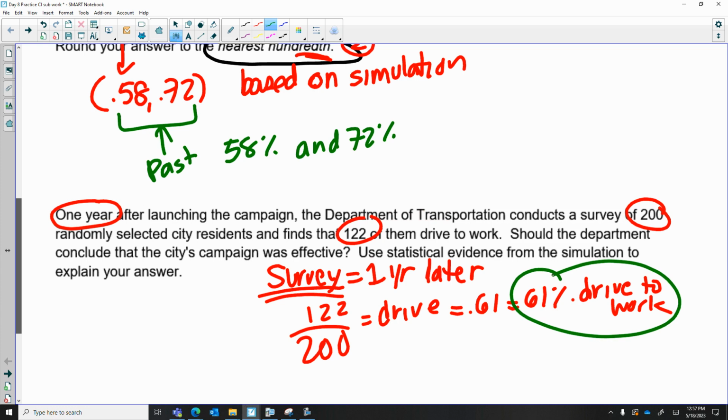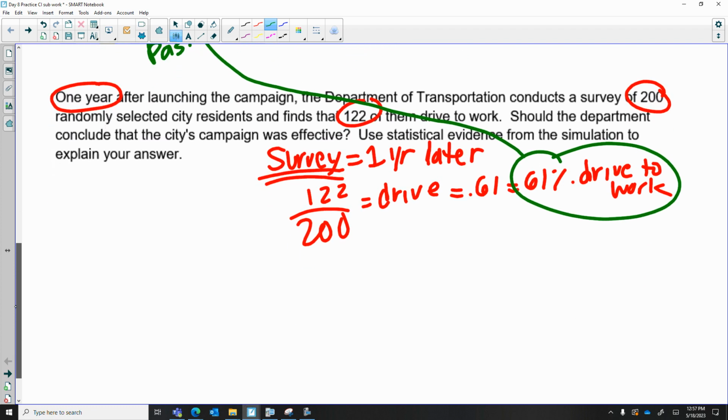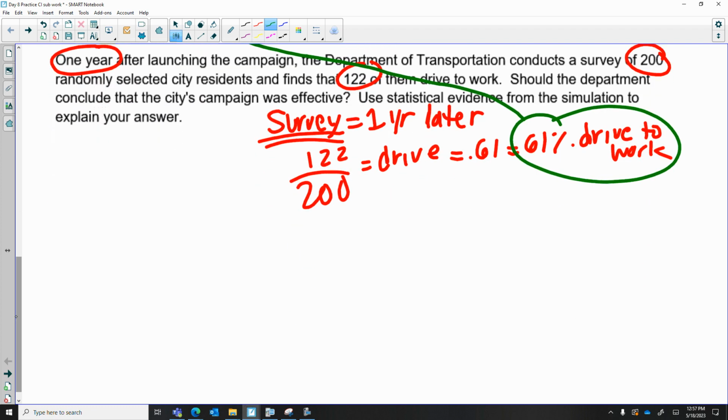So what you do is you take your 61% and you see if it lies in between that interval. And because it lies in that interval, it's actually consistent with what happened in the past. It's not significantly different than what it was in the past. So basically, they were not effective in improving the percent of people who drive to work or don't drive to work, because 61% lies in the old interval, so it's consistent with what happened in the past.